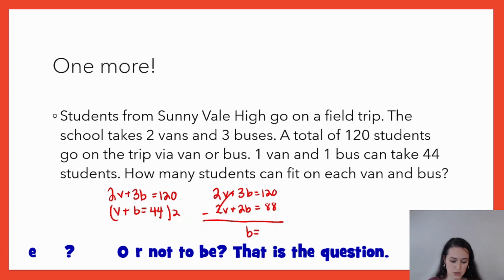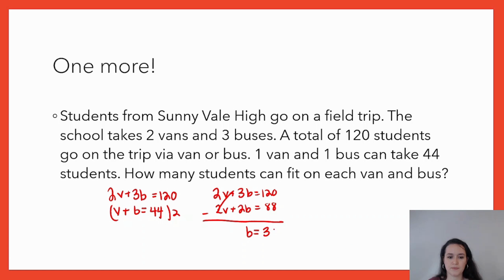Then I plug that into this equation: v plus 32 equals 44. So a van can take 12 people. There's my van, there's my bus.